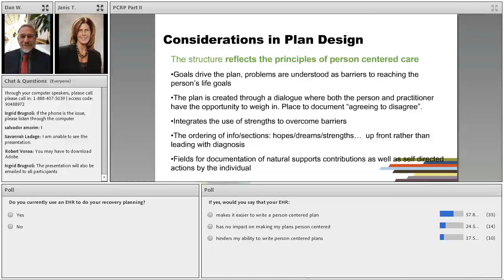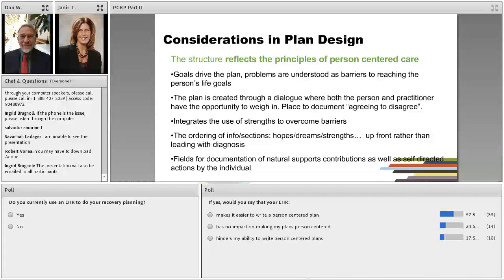Okay? The order the things are put in are very important. I remember when I was doing an early implementation, for some reason people felt the diagnosis had to be on the front page, and said it was in subregulation, which it was not.